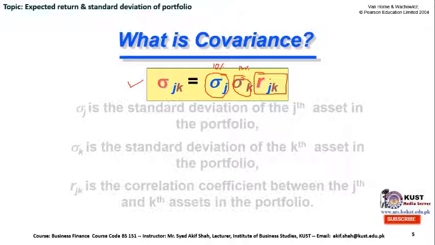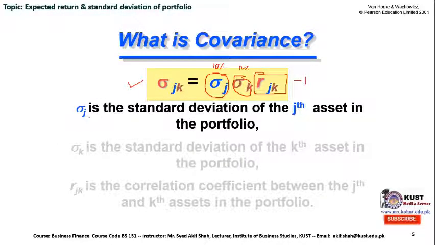At the moment, we can say that the correlation coefficient is a statistical measure which explains the relationship between two variables. Here the variables are the J and K stock prices. If the relationship between two stock prices is positive, there is a positive correlation between the two stocks. And if the correlation coefficient between two stocks is -1, which is perfect negative correlation, then there is a negative correlation between stock J and stock K.